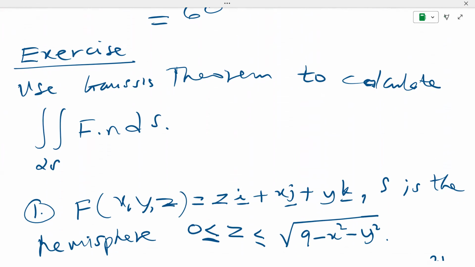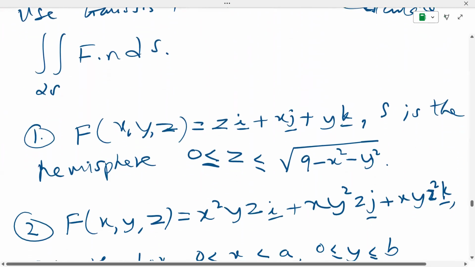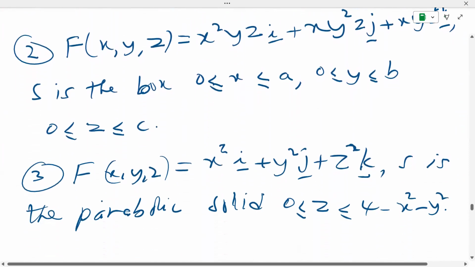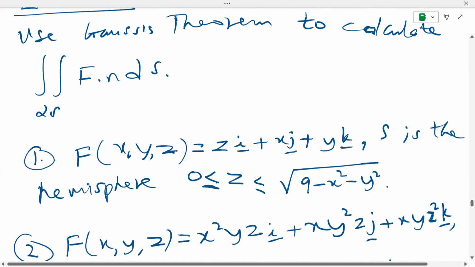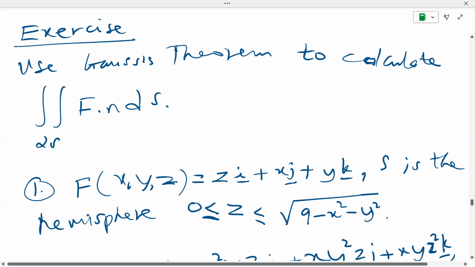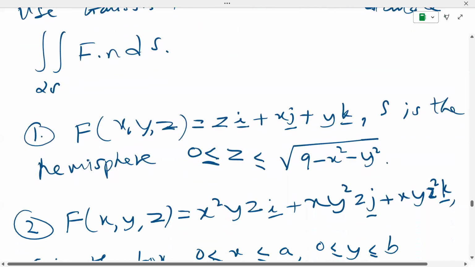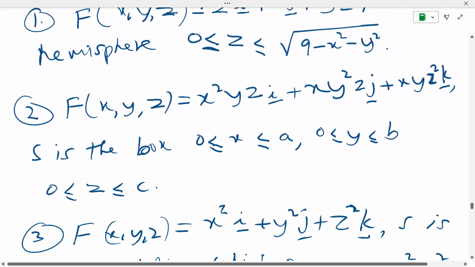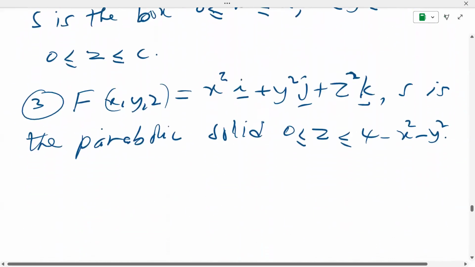Yes, so we have the first question, and then the second question, then the third question. So these are the questions, 3 questions: question 1, question 2, question 3.